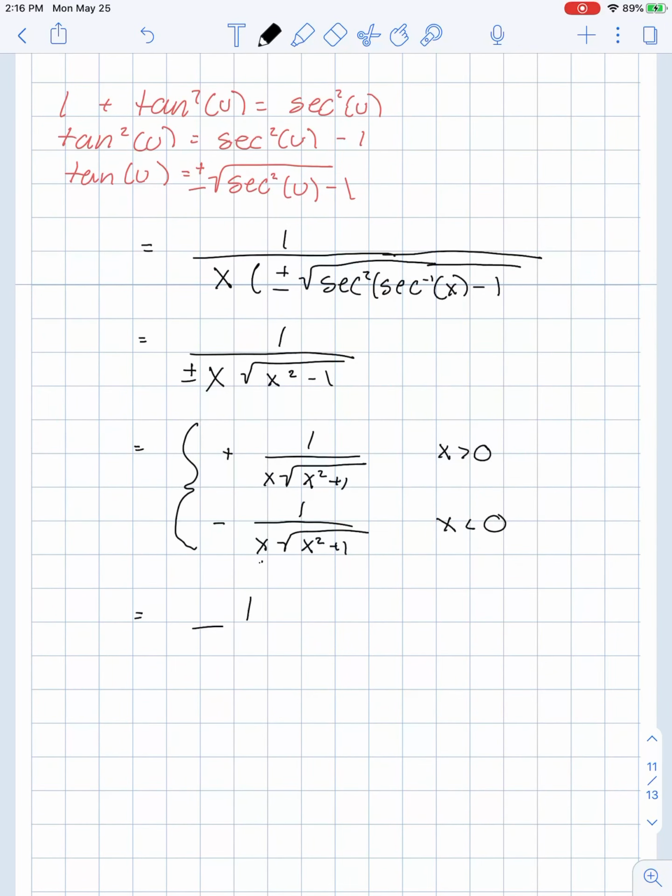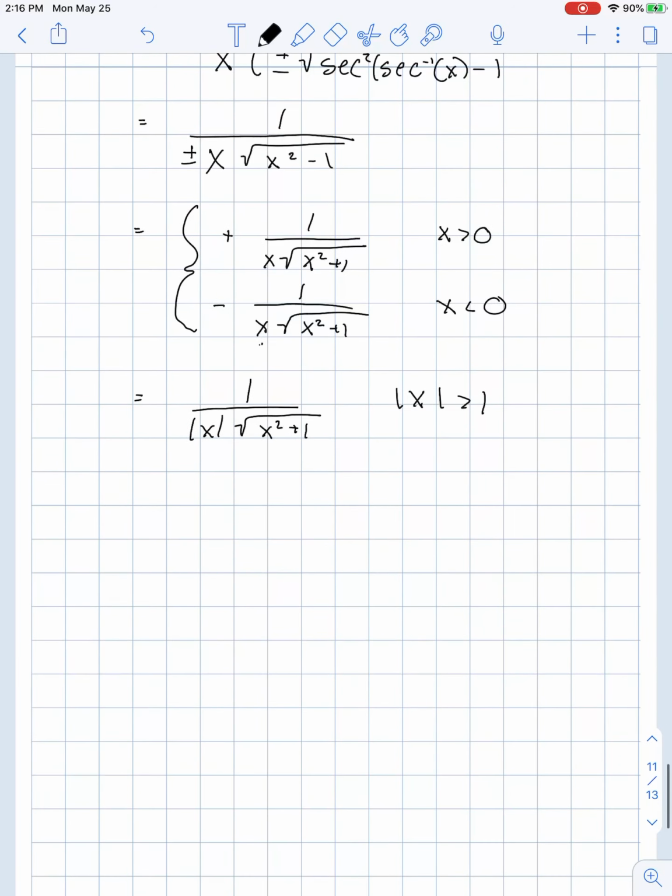So we're actually going to rewrite this as 1 over the absolute value of x times the square root of x squared minus 1. Remember that the square root can never give me a negative number, so the only thing changing is the x in the denominator by itself. And since we can't have a negative under that radical, the absolute value of x needs to be greater than 1, which we can already see from those graphs earlier.